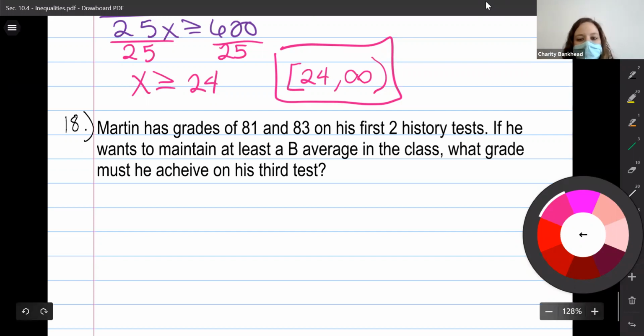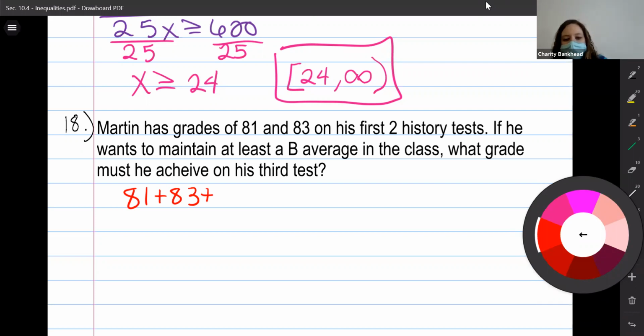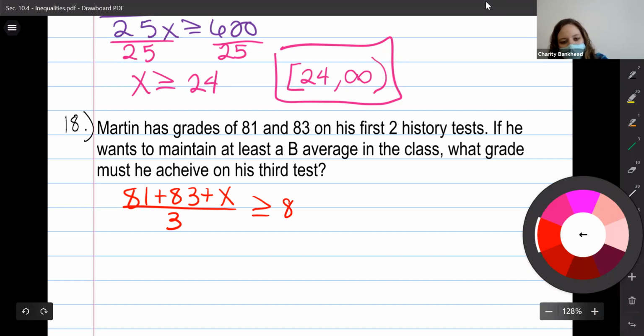Okay, so his average for the class after he takes the 3rd test would be 81 plus 83 plus whatever his 3rd test grade is, so we can use X for that since it's unknown, all divided by 3. 3 test grades, divided by 3. And if we want that to be at least a B average, we want that to be greater than or equal to 80.